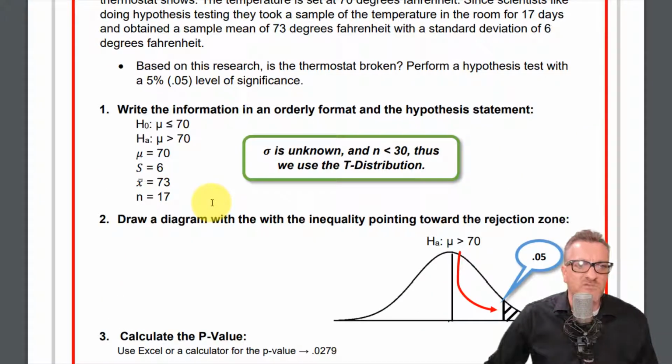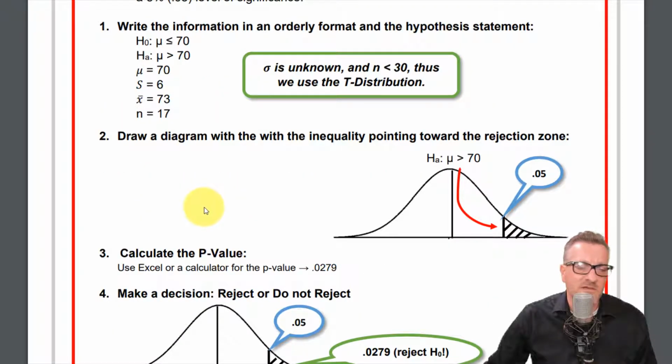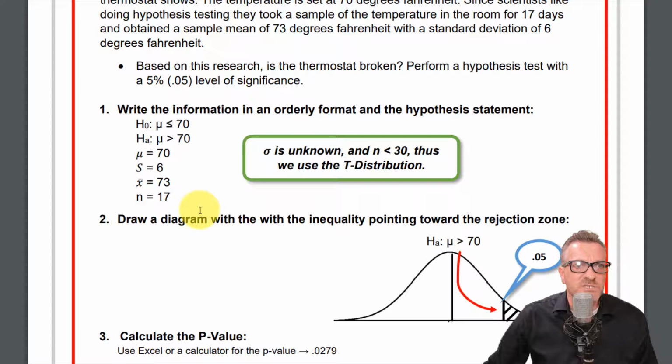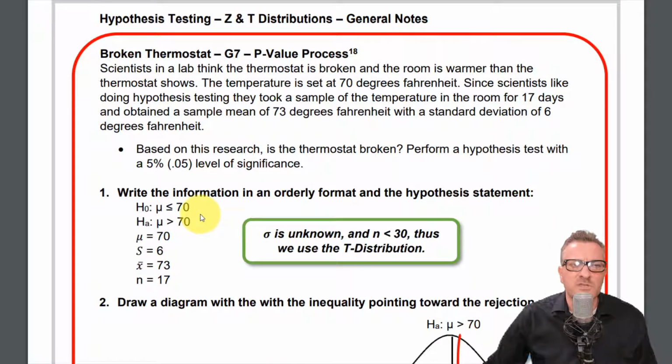As I mentioned before, you cannot do the p-value process without the calculator. Other than that, the rejection zone method works really well. It's an older method, but you can reach a conclusion just as easy as you normally would be able to. Okay, thank you.